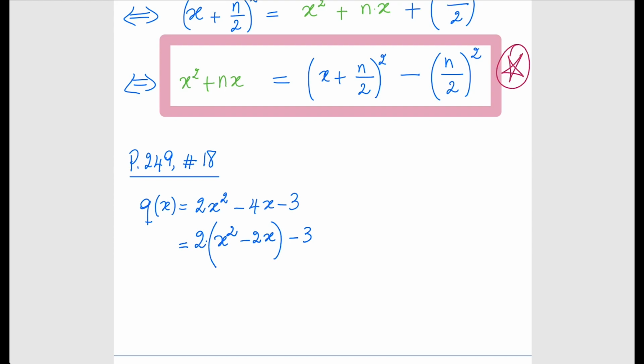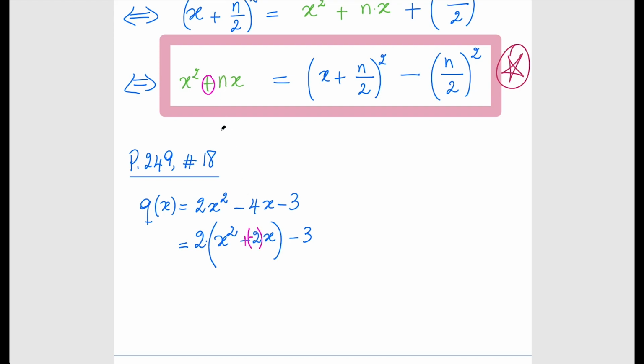Now I'm going to complete the square of this guy. And I know how. I'm going to invoke star, but I need to understand who n is. Think about it for a second. Who's n? Well, I should have a plus, right? So if you want a plus here, you should absorb the minus with the 2.